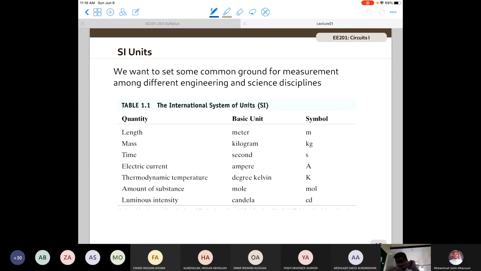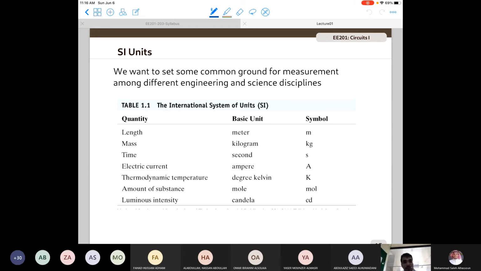It's very important that we don't abuse these kind of units. So there are 7 fundamental SI units for length, mass, time, electric current, thermodynamic temperature, amount of substance, and luminous intensity.